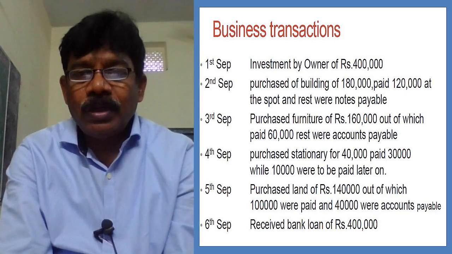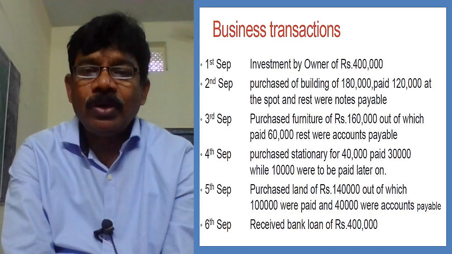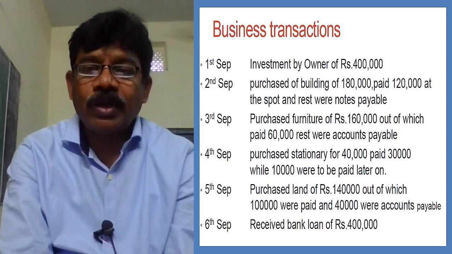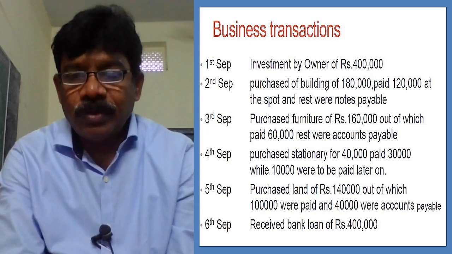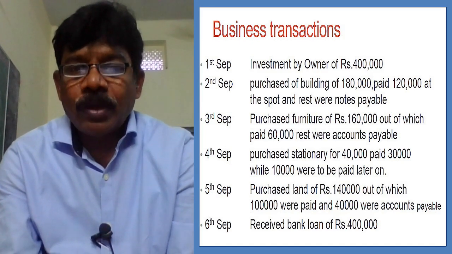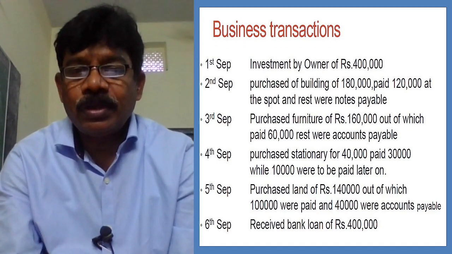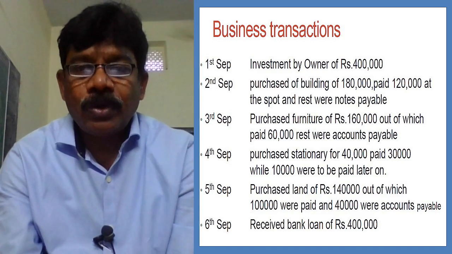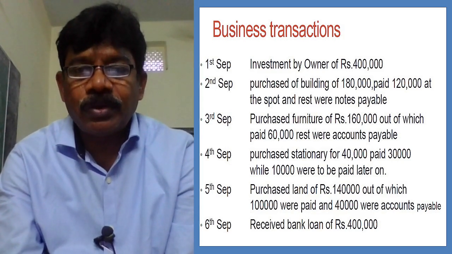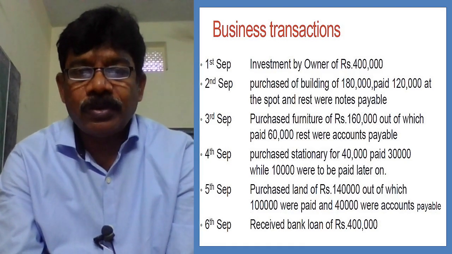Okay. Look at this: paid 1,20,000 on the spot and the rest were notes payable. Leave it that way, I will explain in a live example with a live solution. Purchased furniture 1,60,000, out of which 60,000 were paid, and the rest were accounts payable. So cash we are having is 2,20,000. We paid cash 60,000.